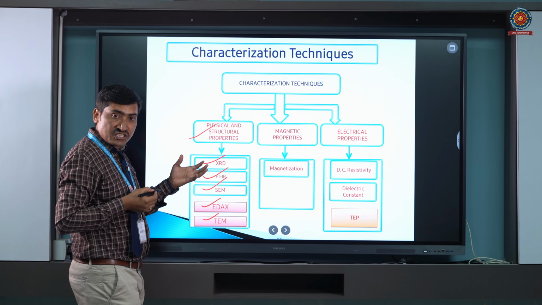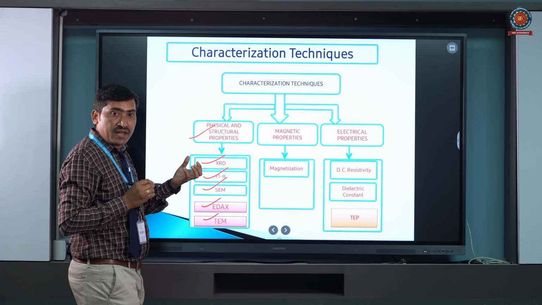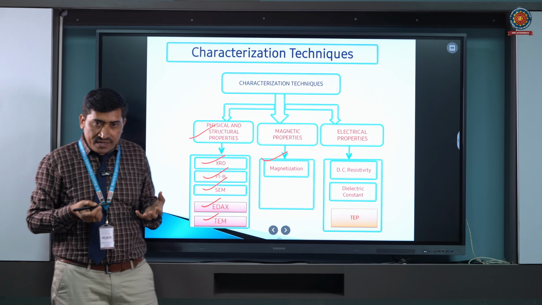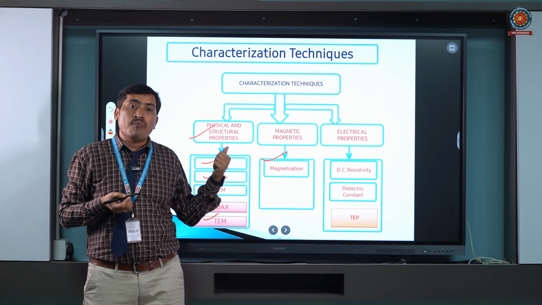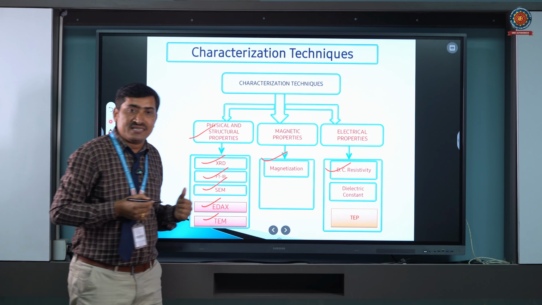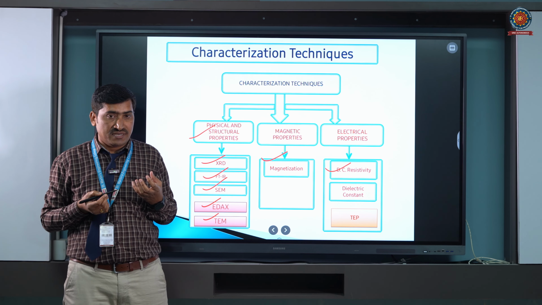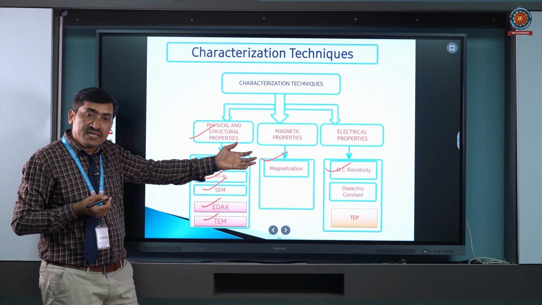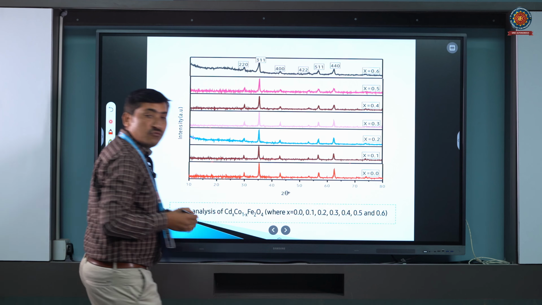Magnetization tells whether our material is a soft or hard magnetic material. Next is the DC property. DC relates to electrical storage devices, where our material is a good material, and we do this type of characterization.